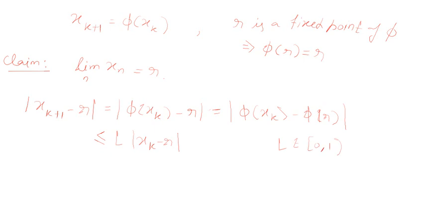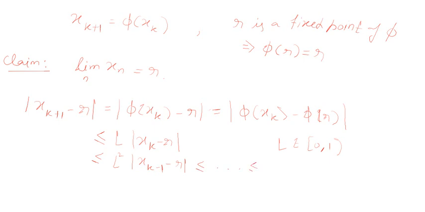This is further less than or equal to L square times mod of x k minus 1 minus R. Use the relation mod x k plus 1 minus R is less than or equal to L times mod x k minus R; replace k by k minus 1 on both sides, and you will get this, and so on.